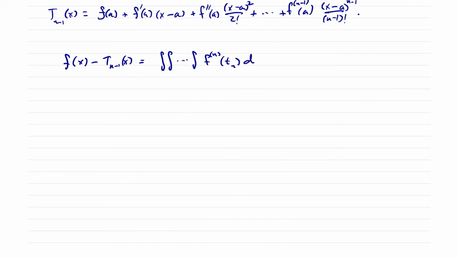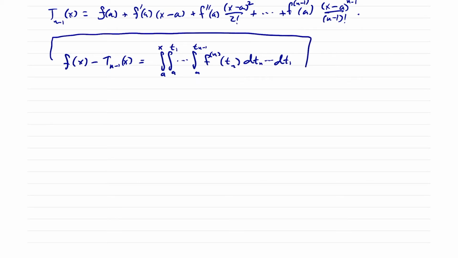Then we're going to have dt_n all the way up to dt_1. And all of these points are going to be from a to somewhere. It's going to be a to t_{n-1} up to a to t_1, and it's going to be up to x, right? And so this is our formula, and this is what we're going to be trying to get a hold of as far as its size, in order to demonstrate that we actually end up getting convergence sometimes.